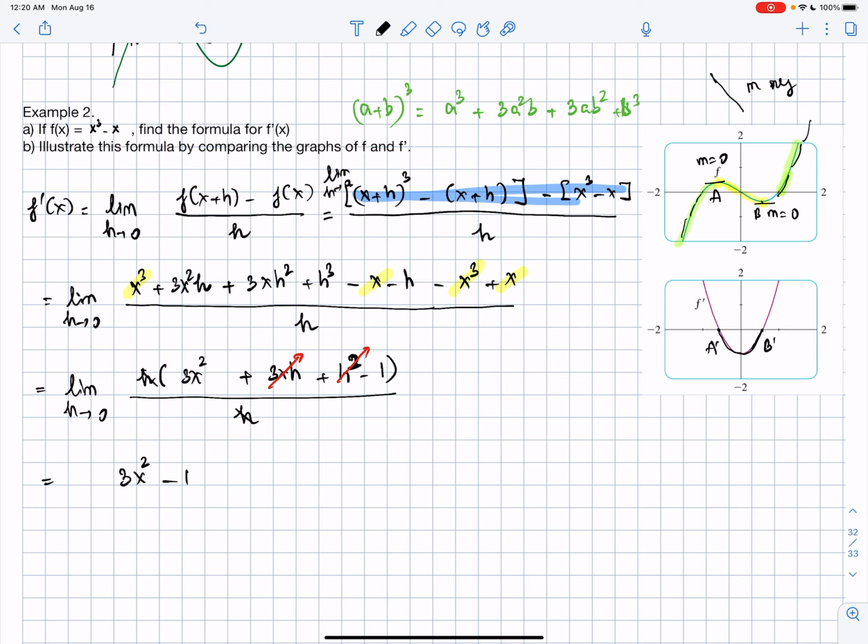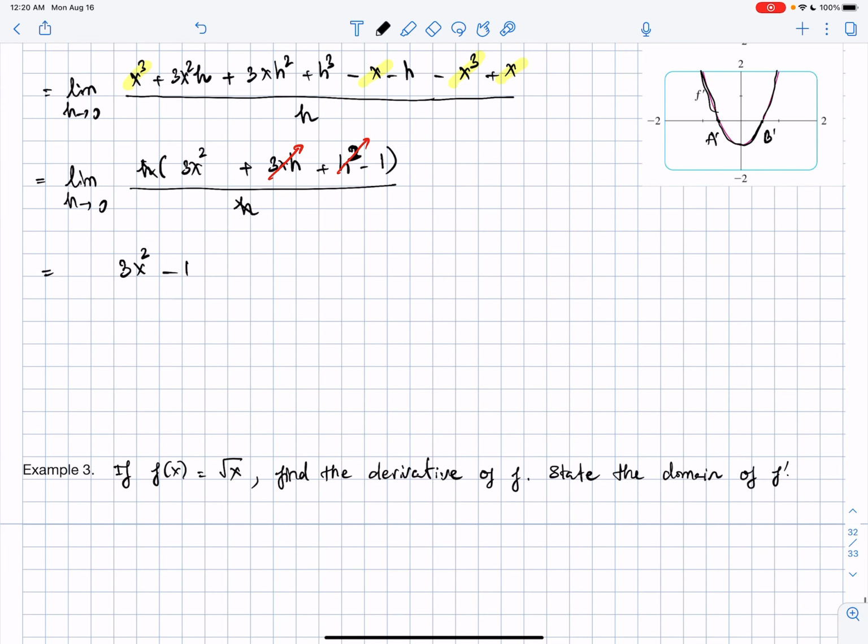So both of them are positive, so that's why outside of A prime and B prime it will be above the x-axis. So that's why we have this side and that side, they are both above the x-axis.